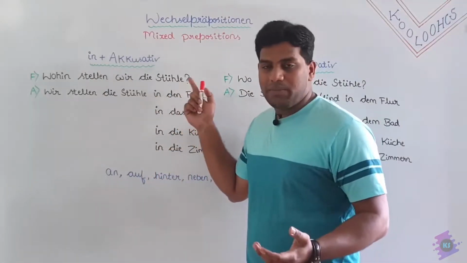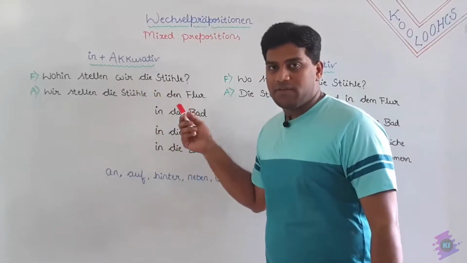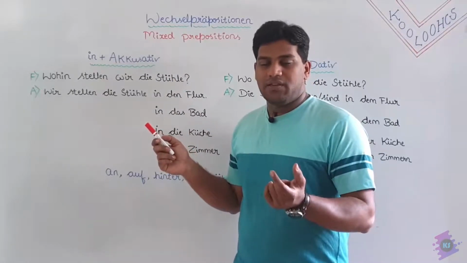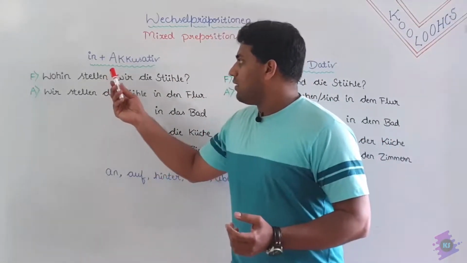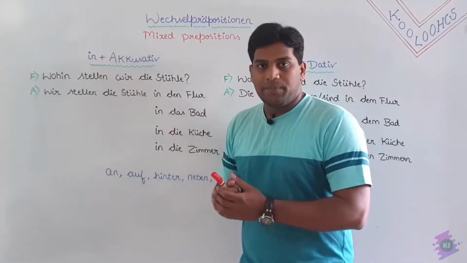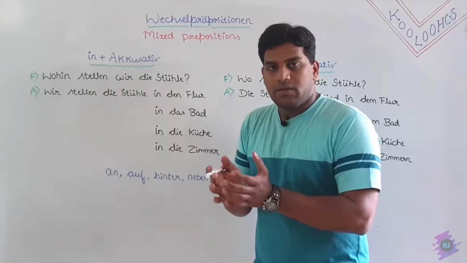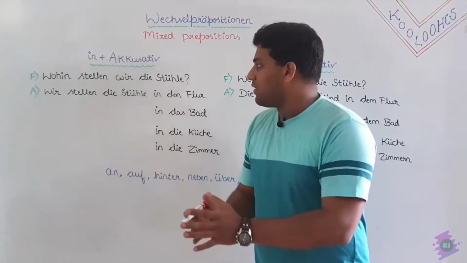Stühle means chairs in fact. So to where we place the chairs. It is plural, Stühle is plural, Stuhl is singular, it is chair, Stühle means chairs. Here there is a movement. Accusative involves a movement, like placing some object at a place. I mean placing an object at some point or at some place.